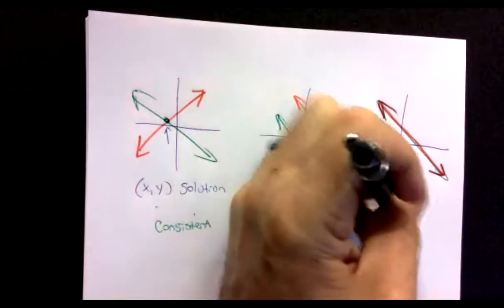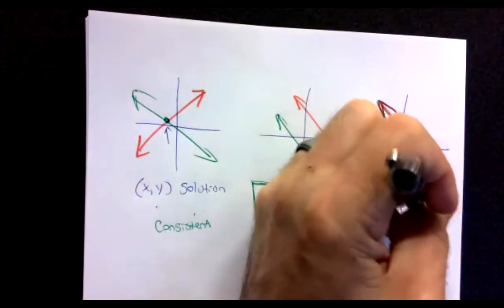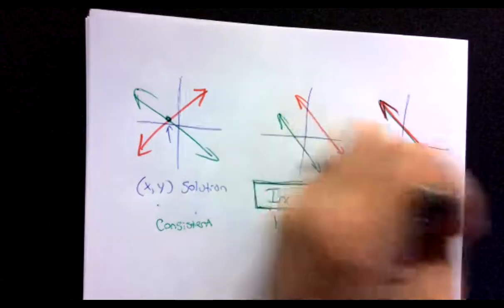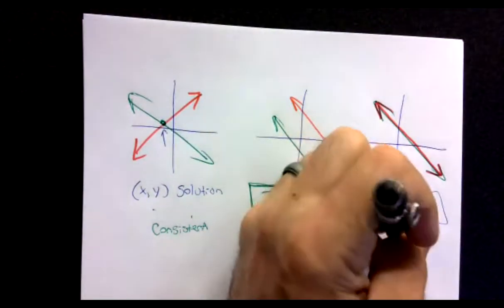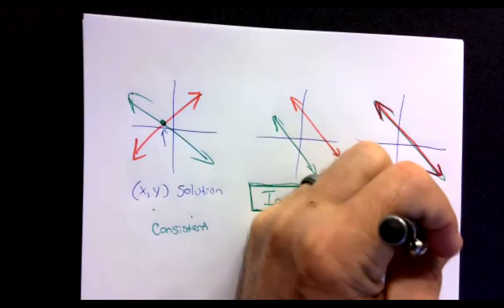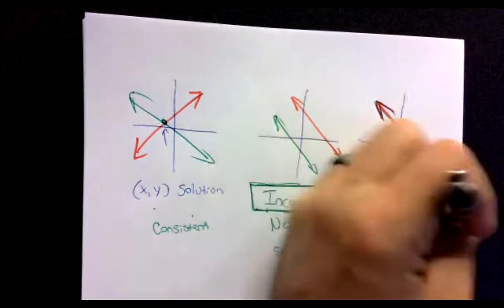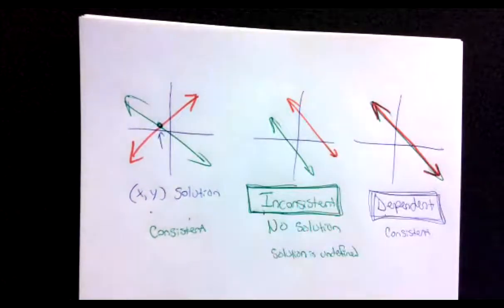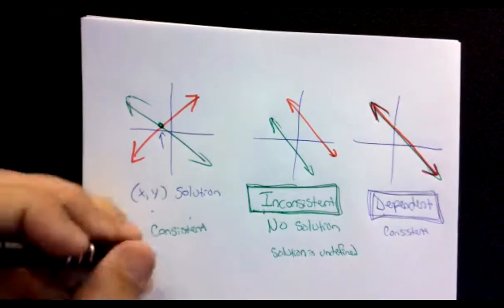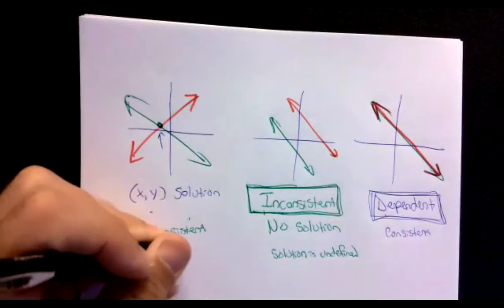Okay, this is referred to as a dependent system. Technically, this one is consistent as well, but this one is considered to be dependent. So this one would be considered independent.